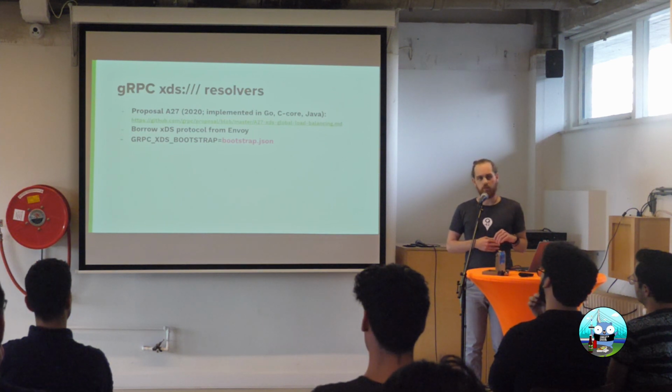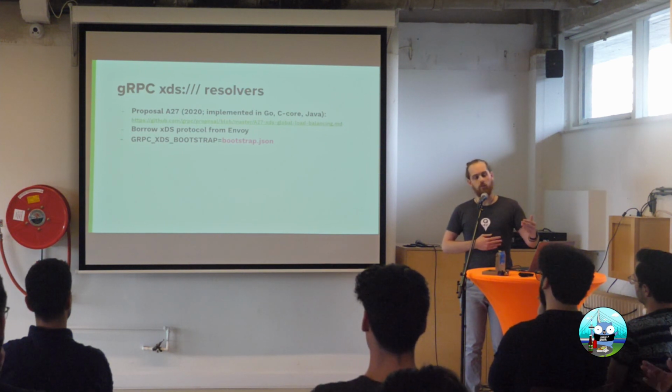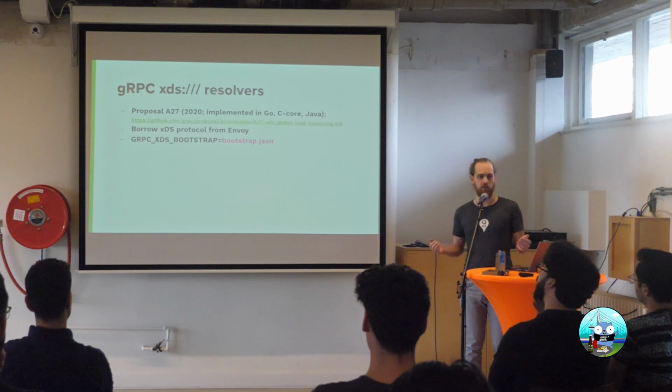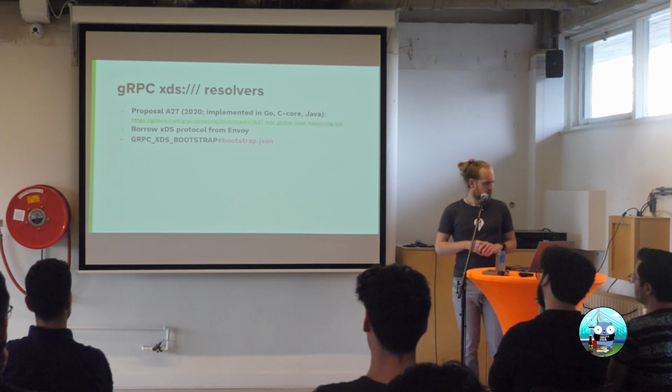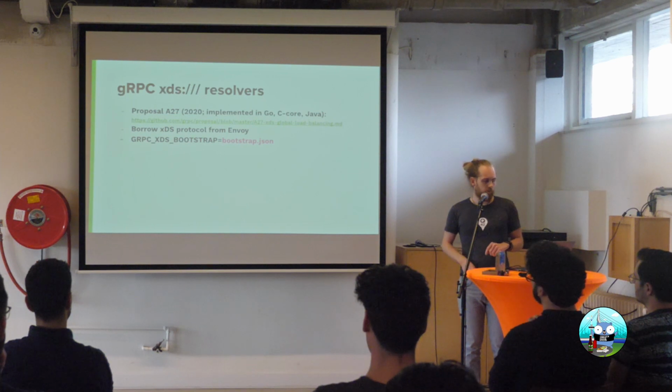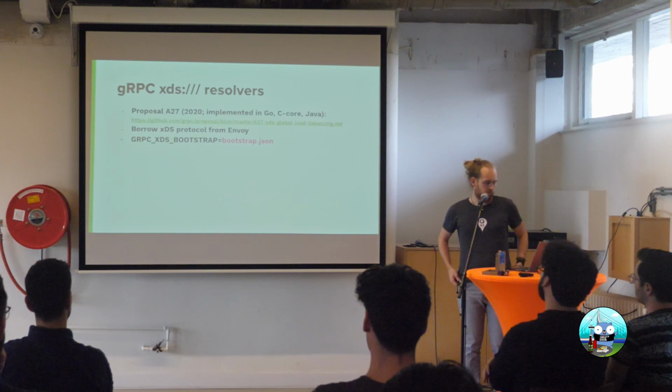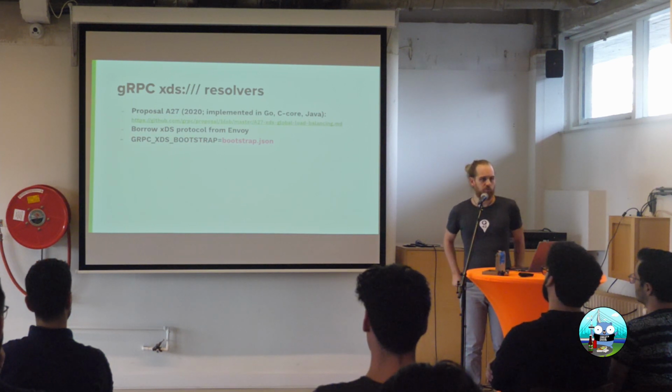And this means that it will actually make a connection with the xDS server and do the same steps as Envoy does to build up a chain, and then it knows where to send each gRPC request of yours. And you need to set this environment variable. gRPC is very well known for doing everything with environment variables, and there's no configuration option for this.